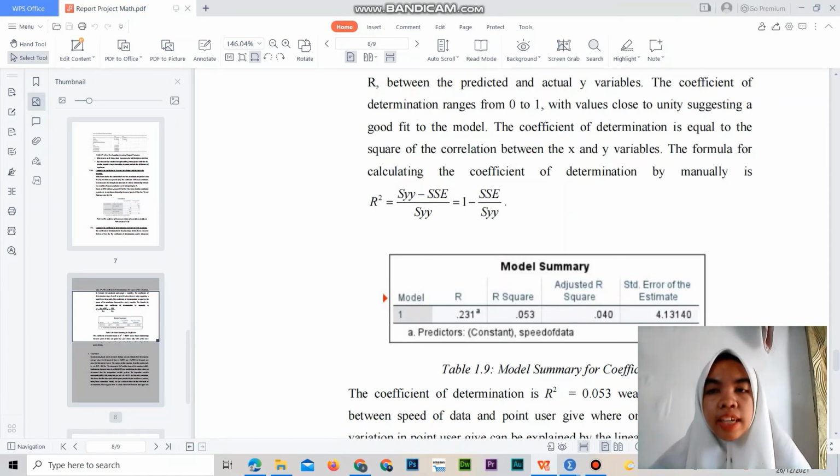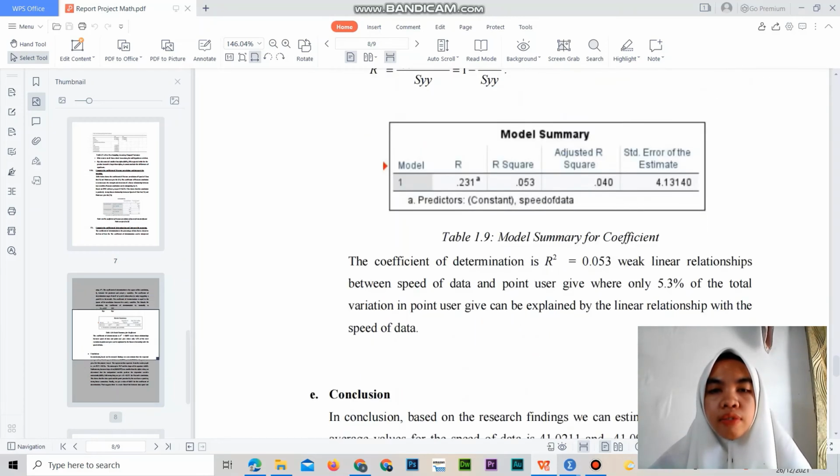We can also calculate the coefficient of determination manually using this formula. The coefficient of determination is also known as R square.